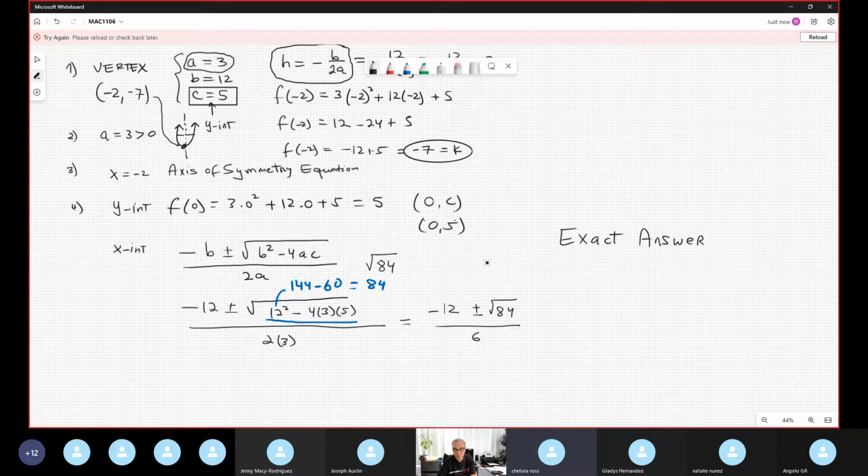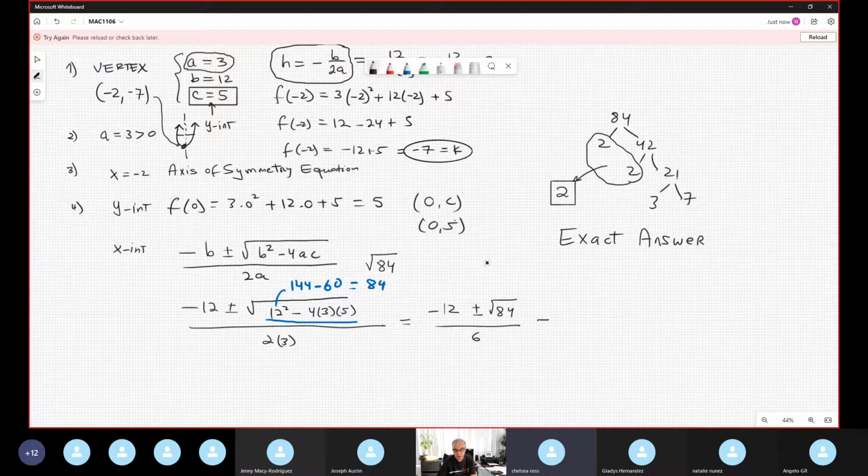Okay, no problem. I take 84. 84 is even, divided by 2 is 42, divided by 2 is 21, and 21 is 3 and 7. So I can detect a pair of 2s inside the square root, which go outside as 1 times 2, and 3 and 7 stay inside the radical, making 21.